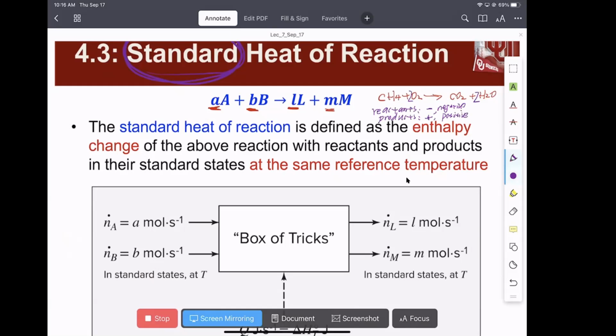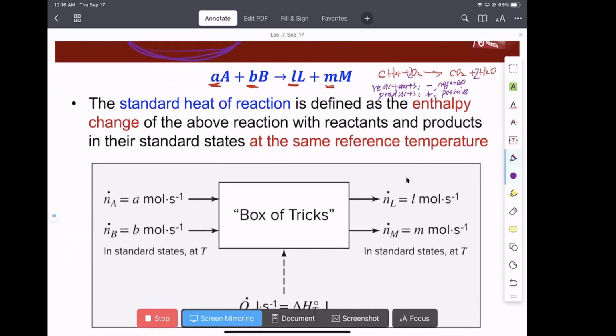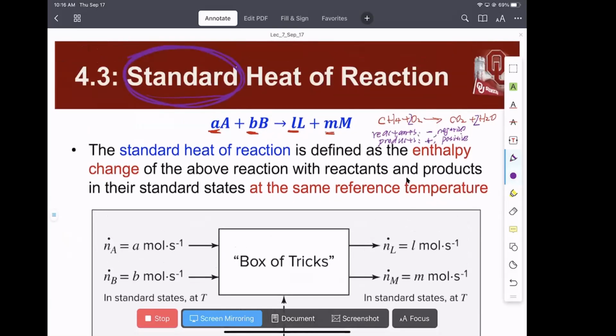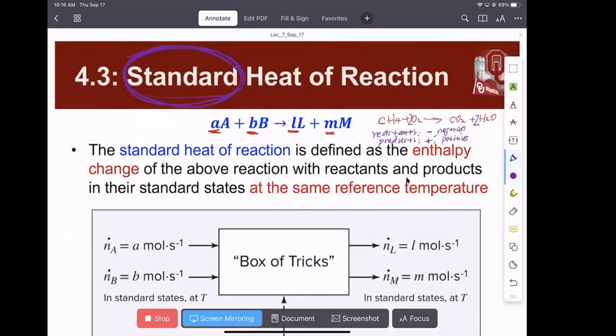On this specific slide, we are talking about the standard heat of reaction. That is one other case we need to emphasize, that is expressed by the enthalpy change. So far we have two cases.